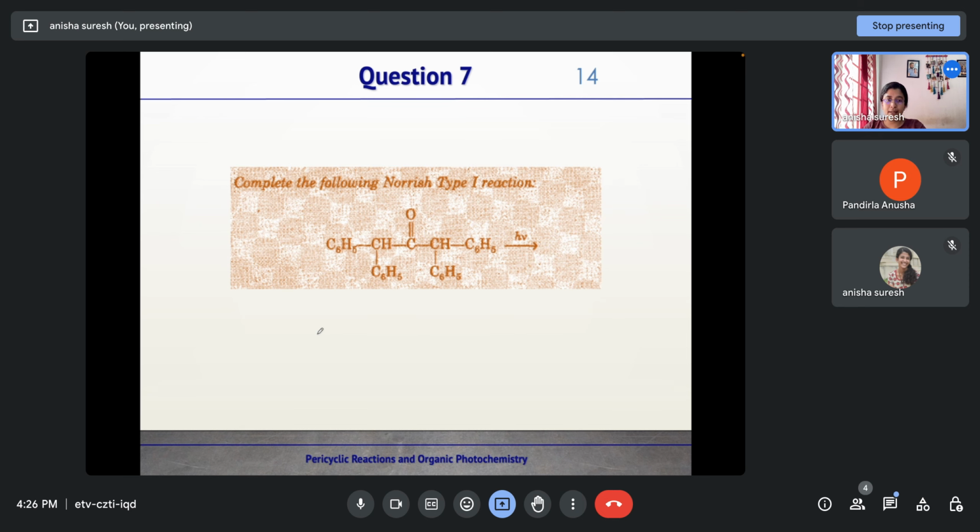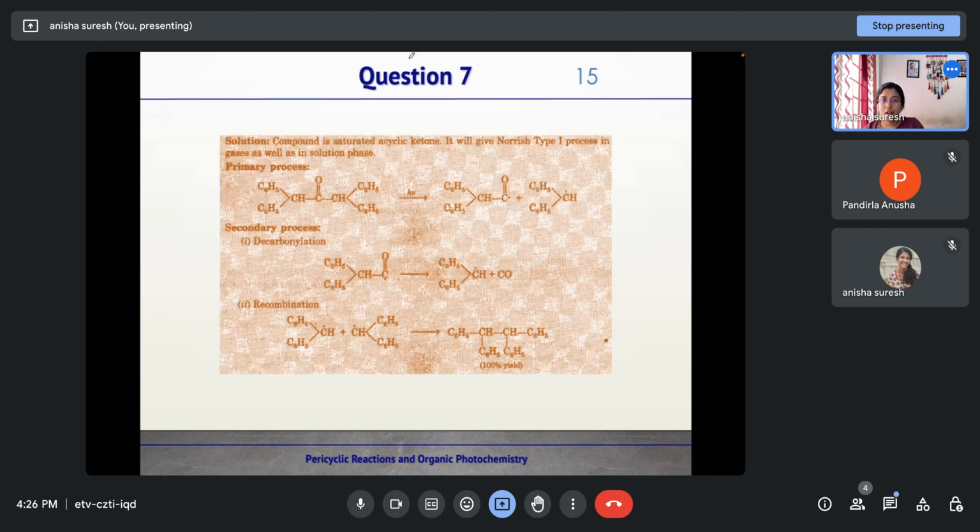So what will be happening? So here a radical will be formed and a tertiary radical will be formed here. Right. Now what will happen?